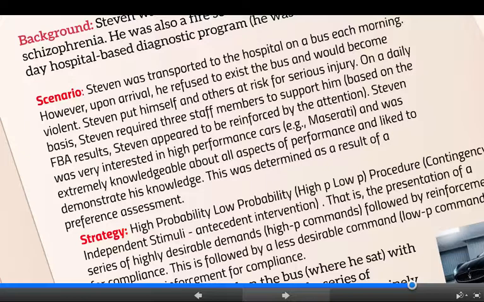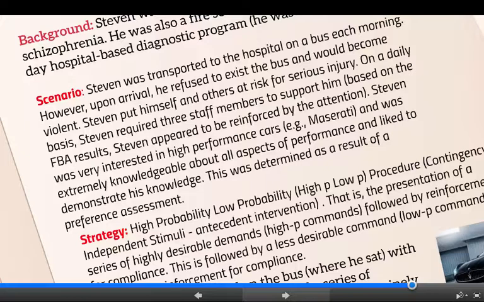Attention from multiple staff, attention from people. That's what appeared to maintain his aggressive behavior. So we got the FBA results, and that's what it's suggesting. Now we also did preference assessment and strength-based assessment as well.